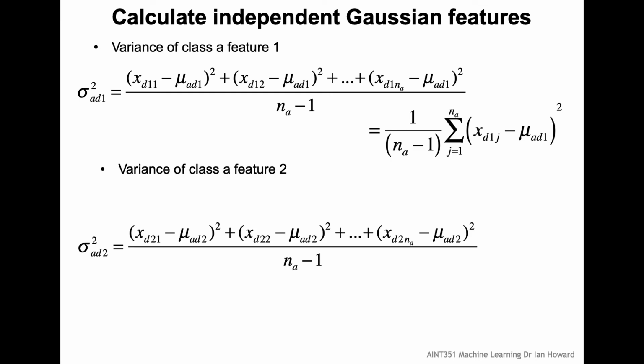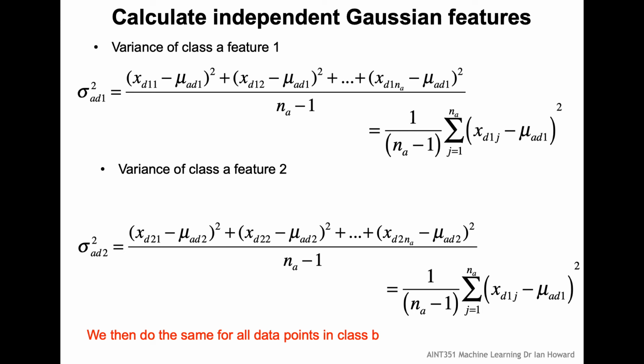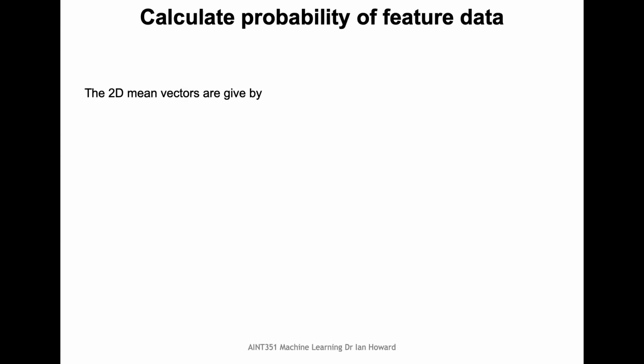And again, for the variance for feature 2, we just look at feature 2 and take away its mean and square it and add up all the values and divide by the total number of occurrences minus 1, right? So we've got a relatively easy thing to do, calculating these variances and these means just by looking at individual one-dimensional values. And then, of course, we've got to do the same thing for class B.